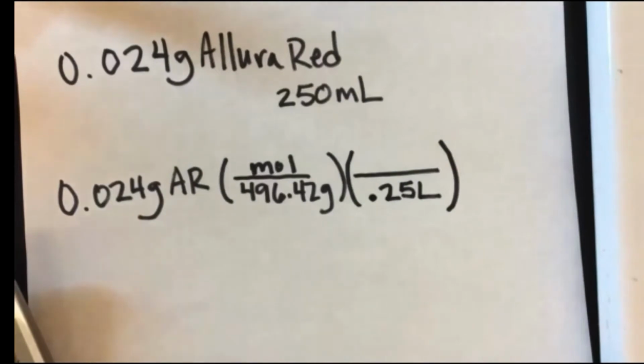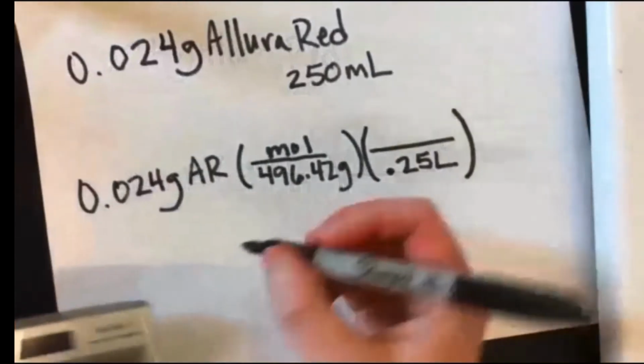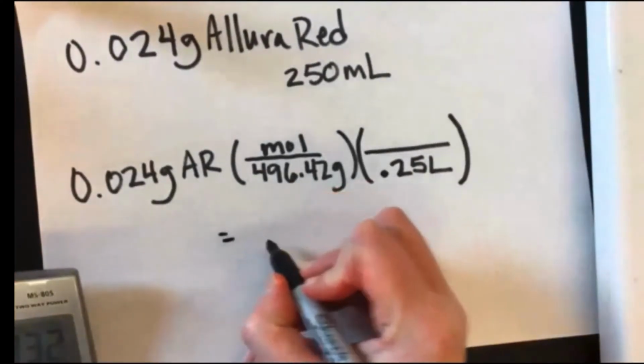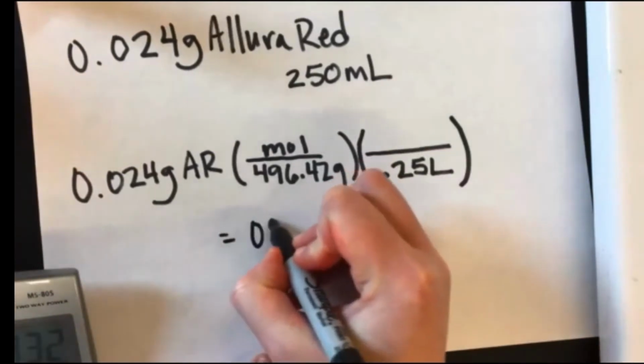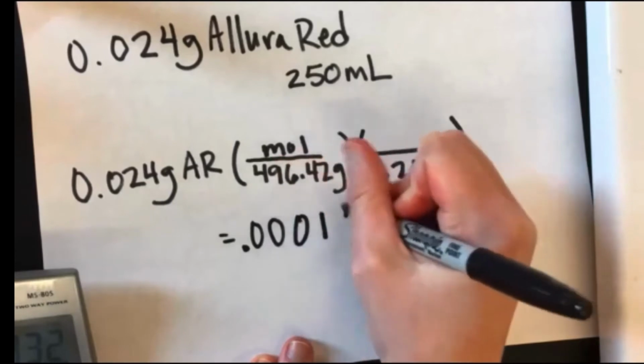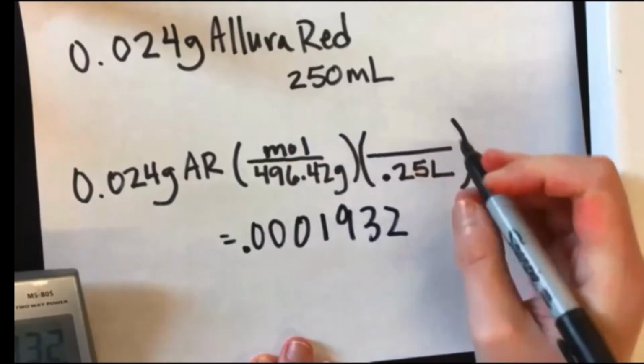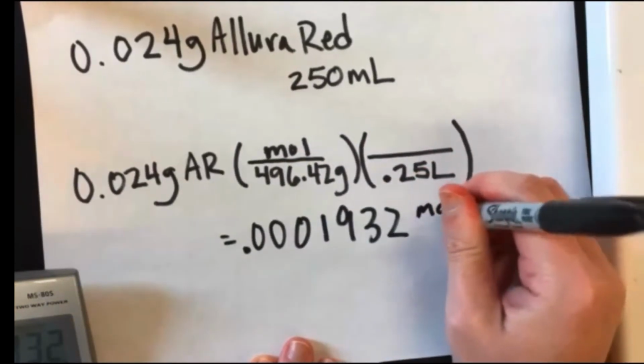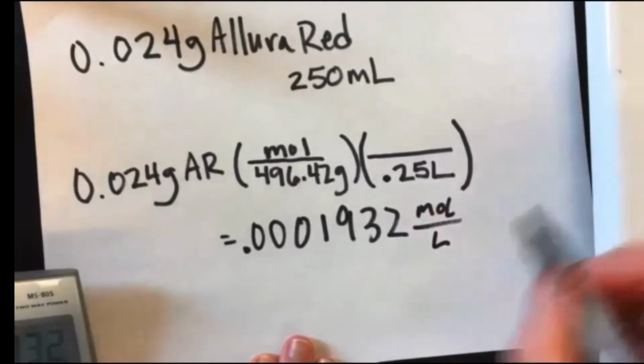So let's see how close we were. I get 0.0001932 moles per liter.